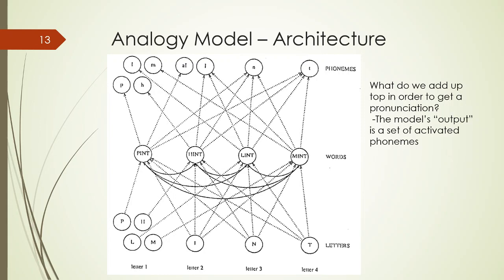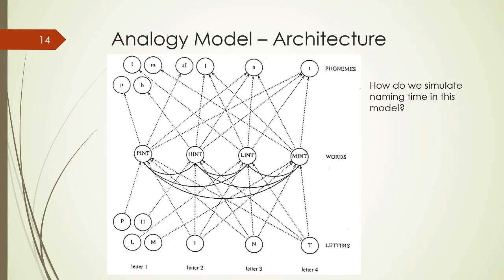That doesn't mean that the model is speaking yet. But that's sort of a clear thing that's going to be sent forward to the motor system for behavior. And so in a sense, we have an output here, which is the pronunciation, which is the set of activated phonemes.